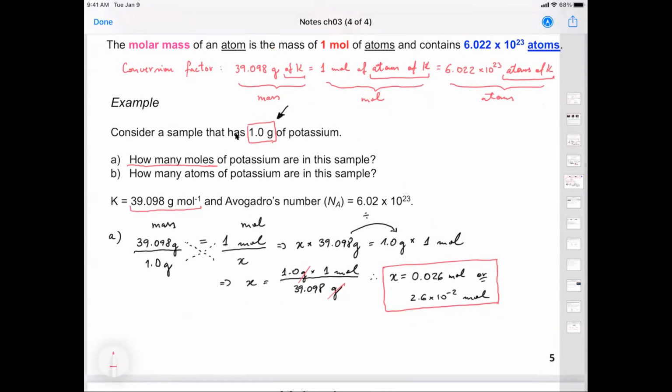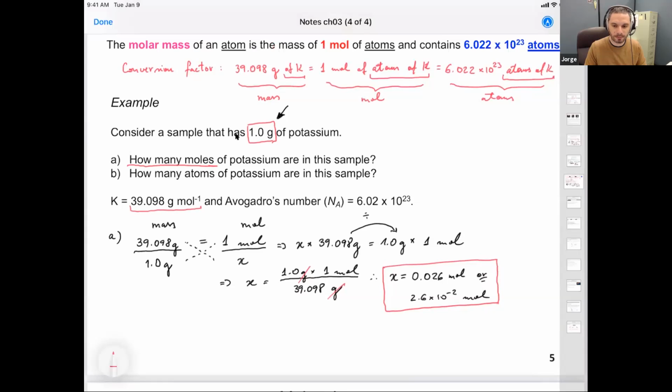Professor, I've got a question. Yes. So it's 2.6. It's only using two significant figures because the question originally asks for 1 gram, and it's 1.0. So that's two significant figures. So that's okay. Thank you. Yes. So remember, you never count the conversion factor for the sig figs because this is something we are sure that we know, so it's considered exact.